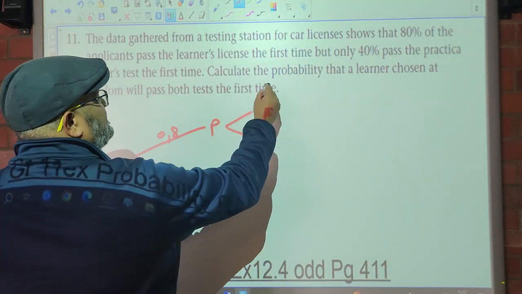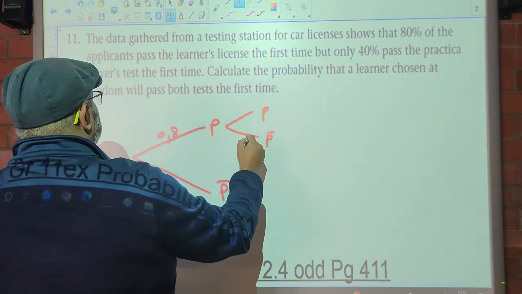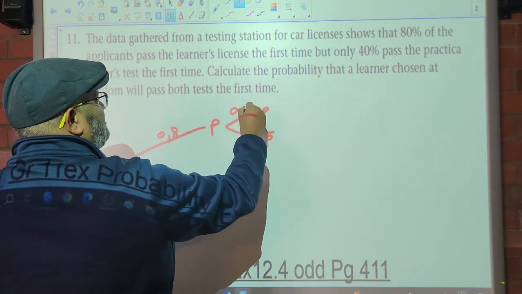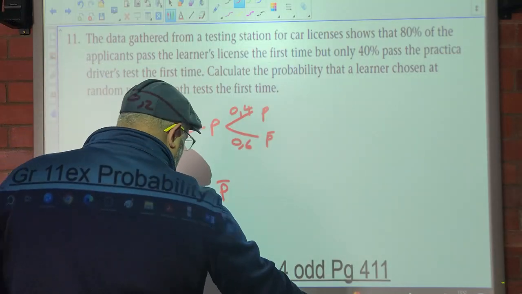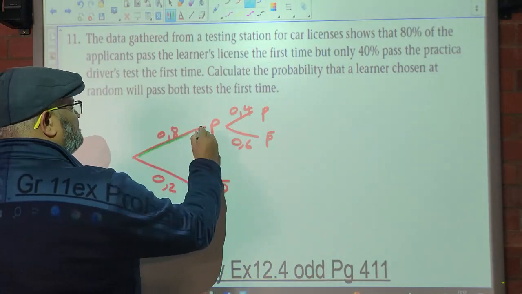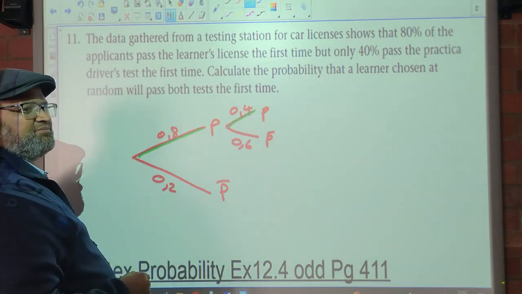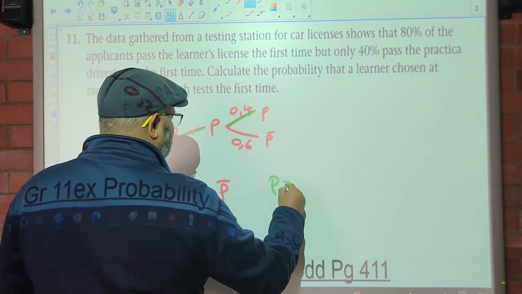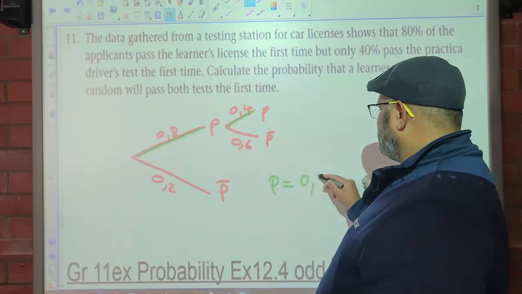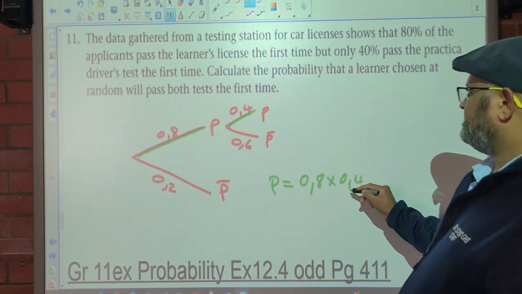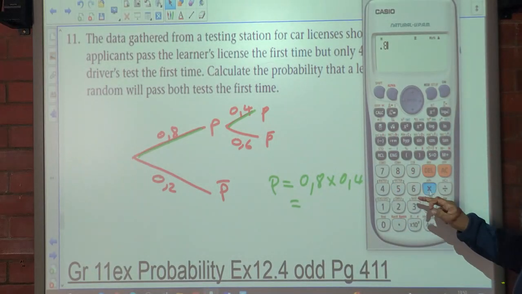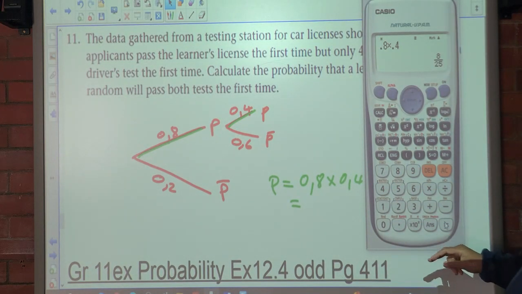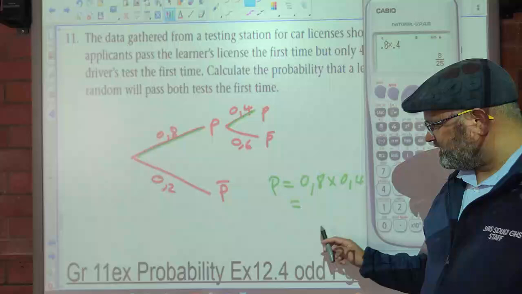So if it's 40% on the practical, he passed the practical the first time, so 0,4. Failing the practical is 0,6. So they want to know the probability of them passing both on the first attempt. So the probability is going to be 0,8 multiplied by 0,4, which gives us 8/25. Is that correct?